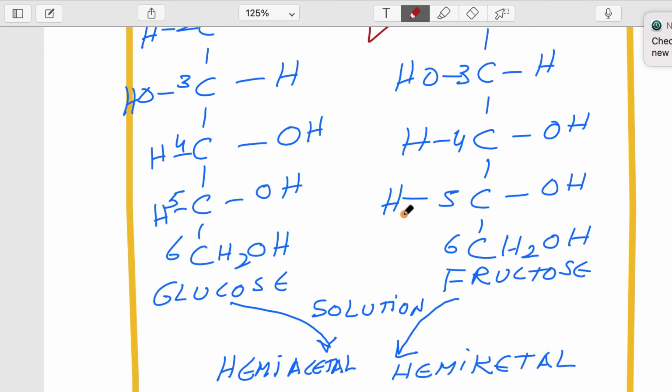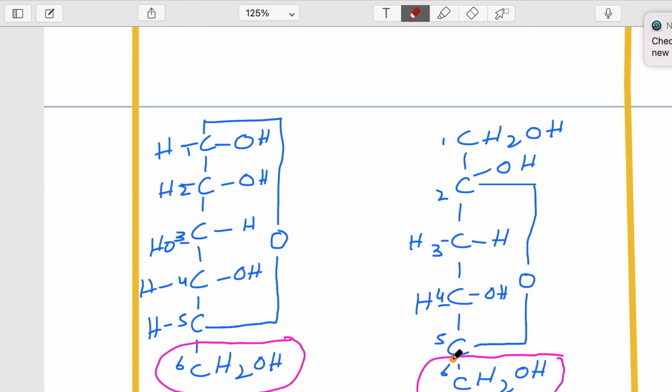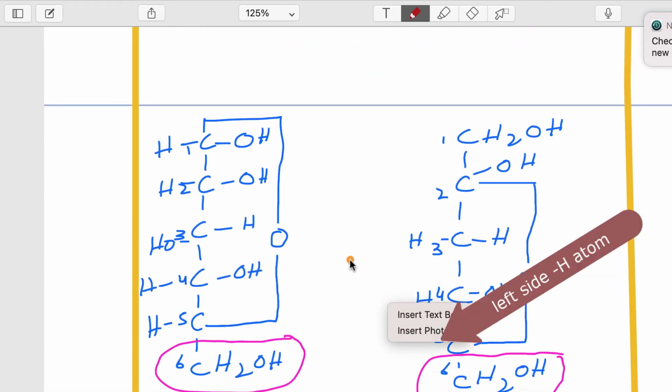Then they don't remain like that when put in solution; they attain the cyclic form, that is acetal or ketal. In glucose it is glucopyranose, whereas we say fructofuranose like that.